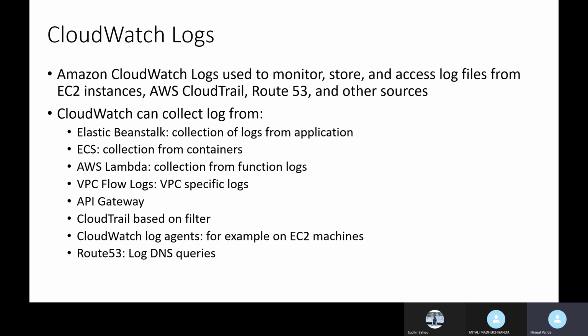So for the EC2 instance, you have to install some agent that is called CloudWatch agent. CloudWatch agent, you can say some software or some application which you have to install in the EC2 machines, so that the CloudWatch agent will constantly send some logs to your CloudWatch service. Route 53. You can also log some DNS queries from the Route 53. Route 53 is domain name service from AWS.